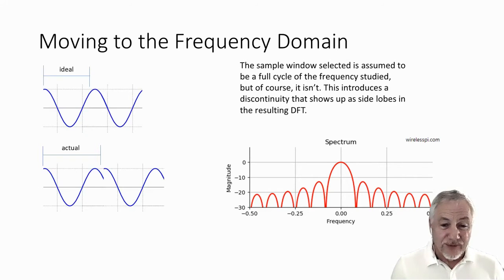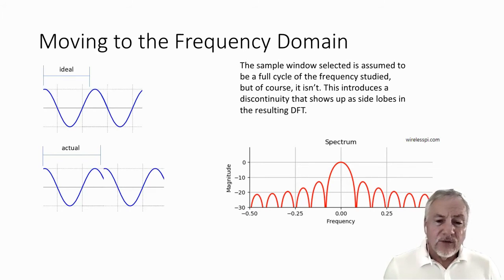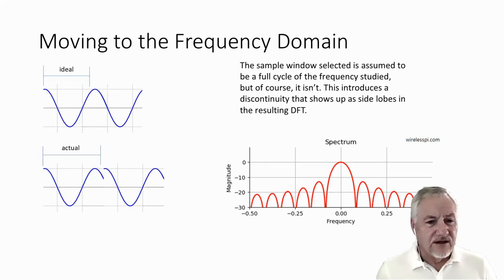So we move to the frequency domain in order to derive polarization. So here's where the problem that I'm going to address today comes in. When we go to the frequency domain, we often do that with a digital Fourier transform, DFT. And when we do a transform, we begin with the assumption that the period of time, the number of samples we're going to use to do the transform, is an ideal exact number that represents one full cycle of a signal of interest, like the chart in the upper left.